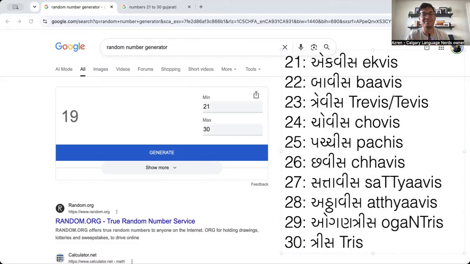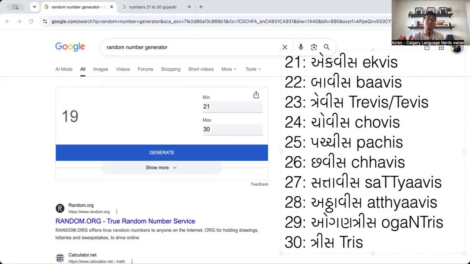You'll notice as well, there's a general spiciness. I'm going to use the word spicy. It makes it sound fun. There's a general spiciness with these numbers as a whole, in the sense that, unlike in English, we don't just have number one is ik, so we don't just say vis ik. Actually, ik vis pretty much is logical. But number two is be, and we don't say be vis. For 23, we don't say tron vis. For 24, we don't say char vis. 25 is not panch vis.